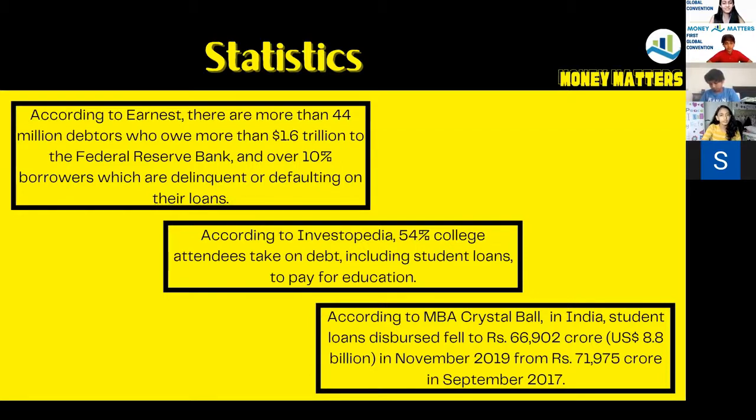The third one is, according to MBA Crystal Ball, in India, student loans disbursed fell to rupees 66,902 crore, which is approximately 8.8 billion dollars in November 2019, from rupees 71,975 crore in September 2017.